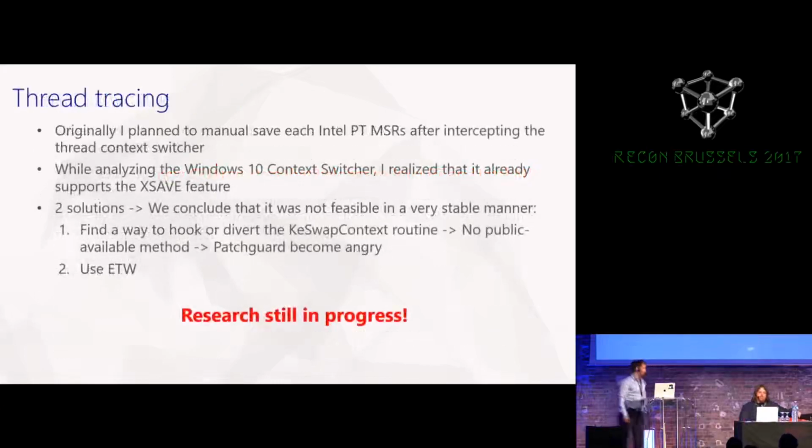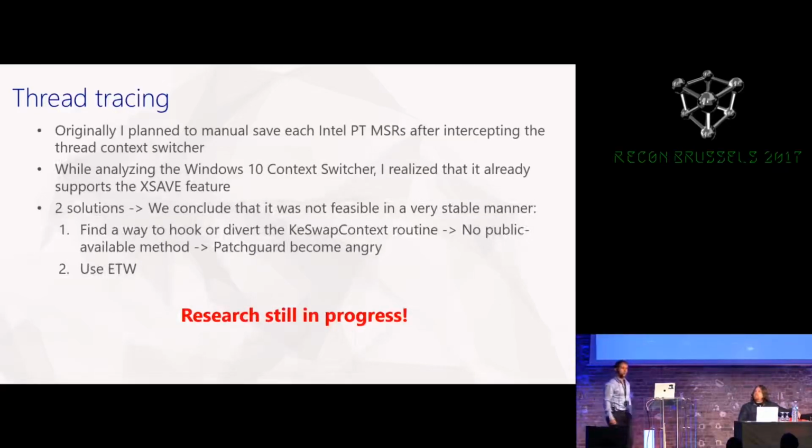Our driver completely supports xsave, and it was very funny because when I implemented this, I found that the new Windows 10 context switch already implements support for xsave, but only for user mode. Our original intention was to find a way to intercept or divert the KiSwapContext routine.